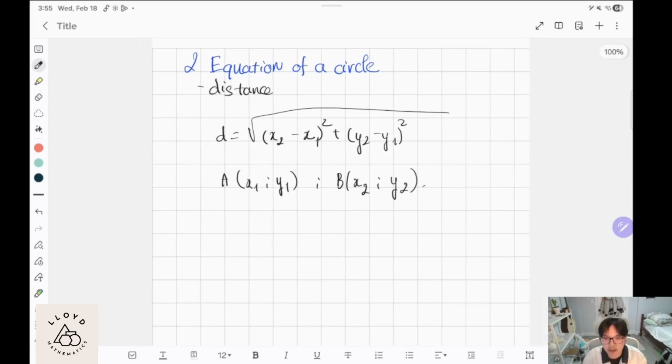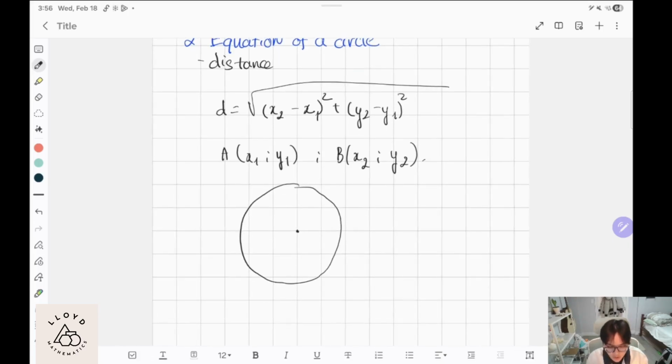Imagine that we have a center point right here, and all points like this. We call A the center point and B all of these points here. So the equation is easy.